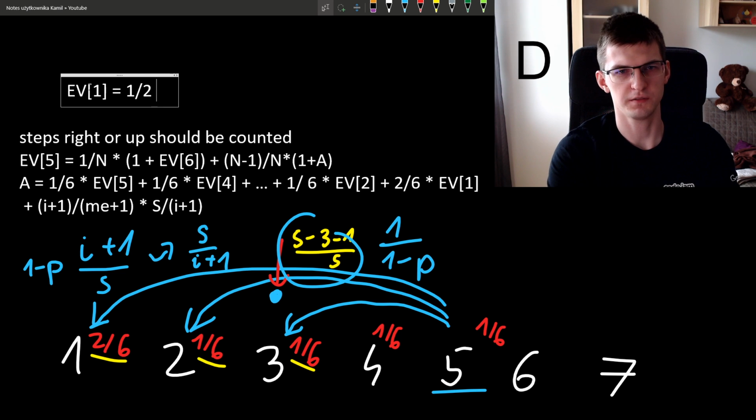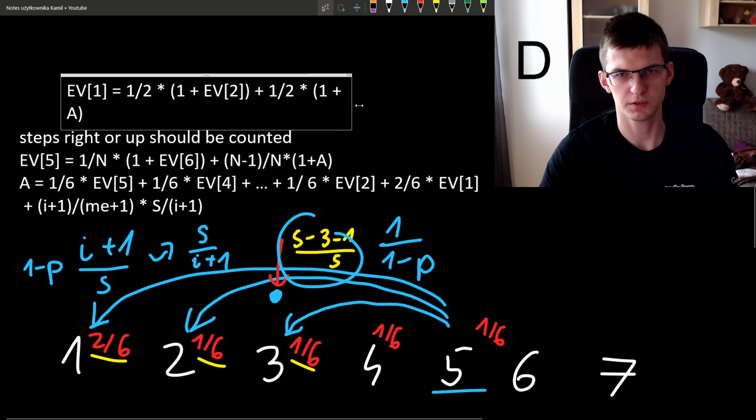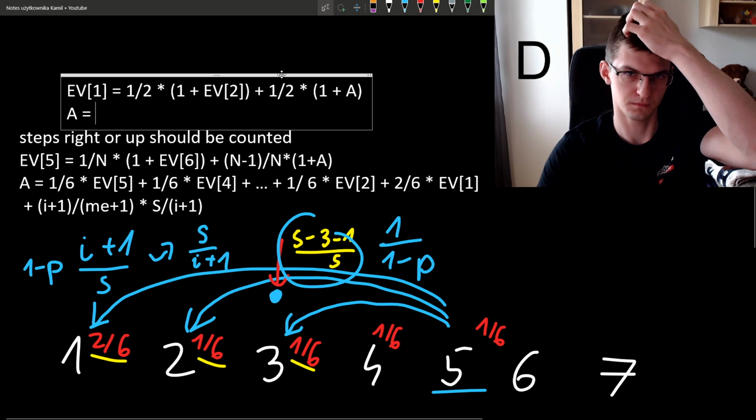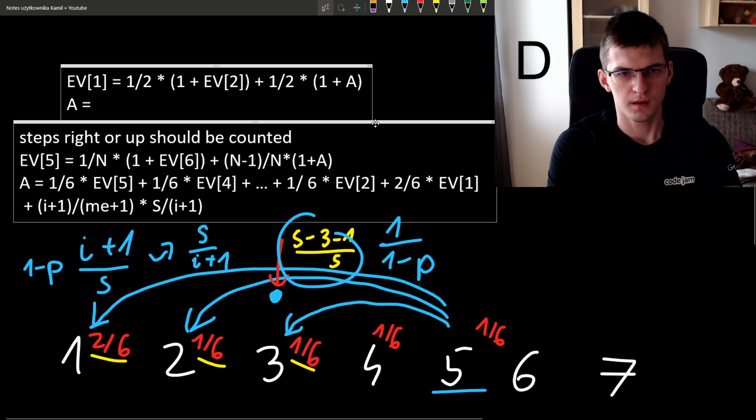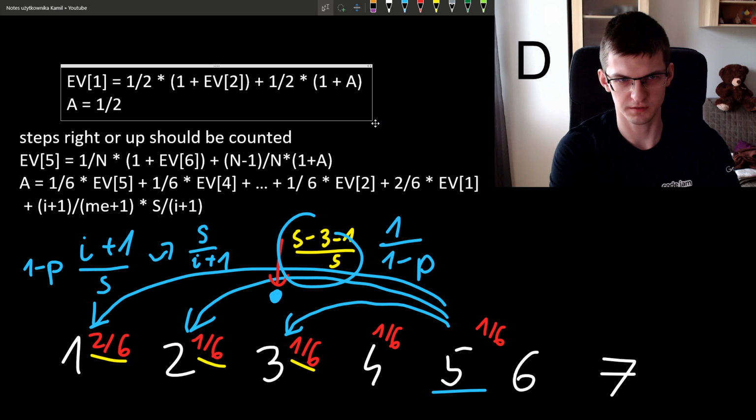EV of 1 is half times 1 plus EV of 2 plus half times n, half times 1 plus a. Now what is a? 1/6. What is 1/6? I'm at 1. So it's 1/2. Times me, and that's it.